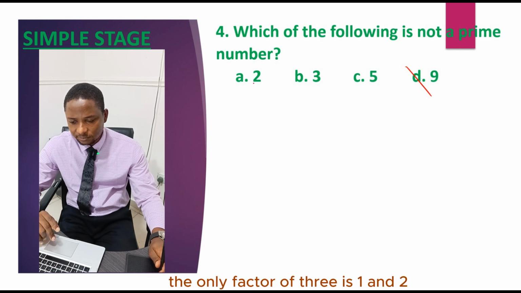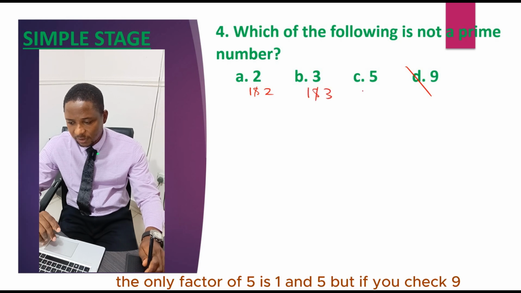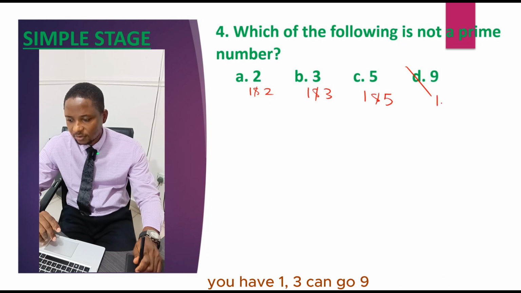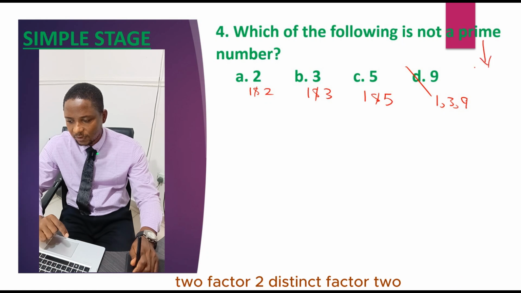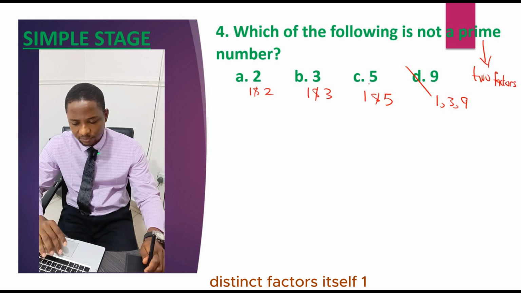The only factors of 2 are 1 and 2. The only factors of 3 are 1 and 3. The only factors of 5 are 1 and 5. But if you check 9, you have 1, 3 can go, 9 itself can go. A prime number has 2 distinct factors, itself and 1.